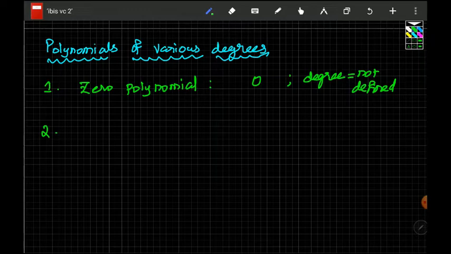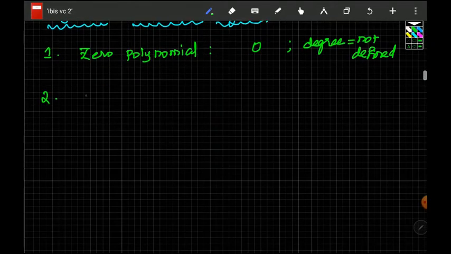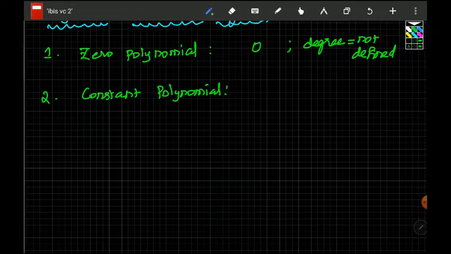In our list, second comes the constant polynomial. What is a constant polynomial? Any number, for instance minus 3 by 7, root over 7, or pi, is called a constant polynomial.